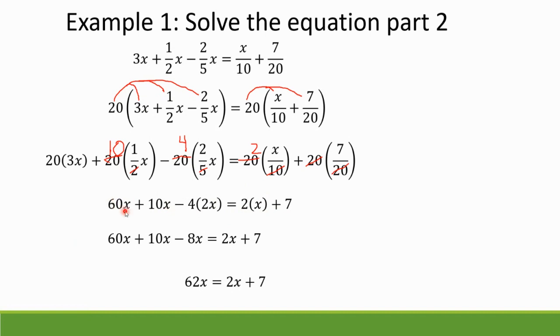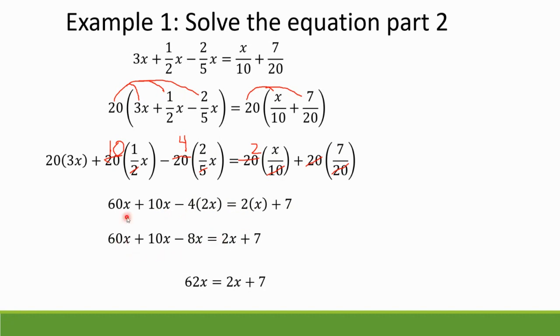So we get 60x plus 10x minus 4 times 2x equals 2x plus 7. Let's keep going. We know 4 times 2x is just 8x, and 2 times x is 2x.